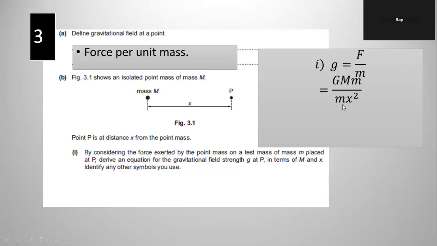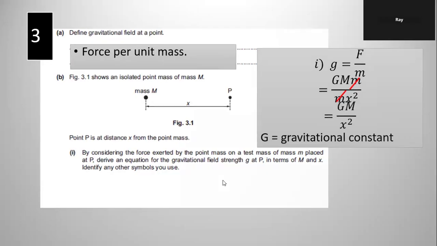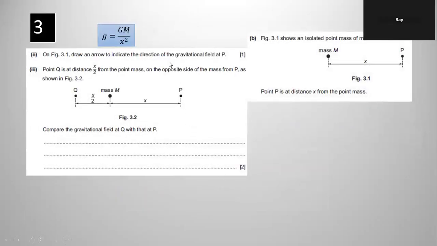So m and m can cancel off. So we've got GM over x squared. Okay, mark yourself. G is the gravitational constant. The one you have to identify, because these are the new thing they didn't mention in the question. Right, we have derived this equation.